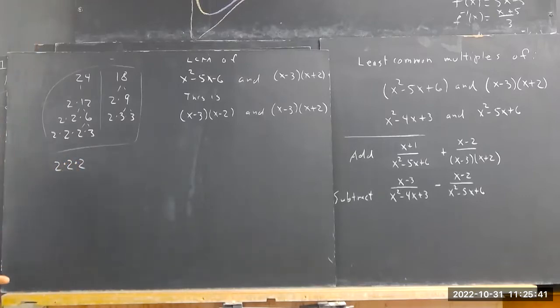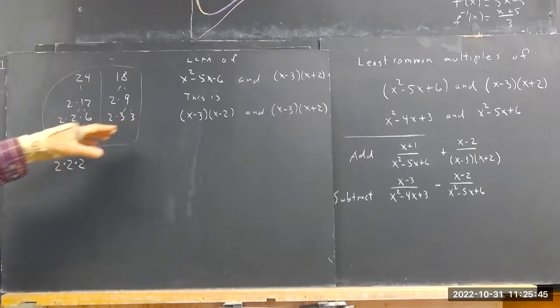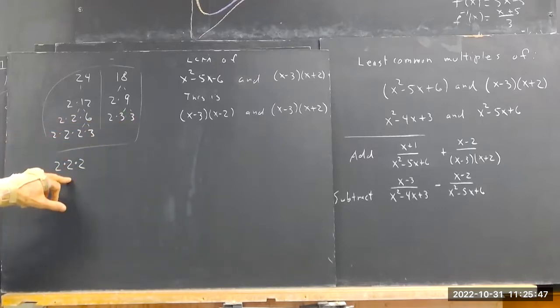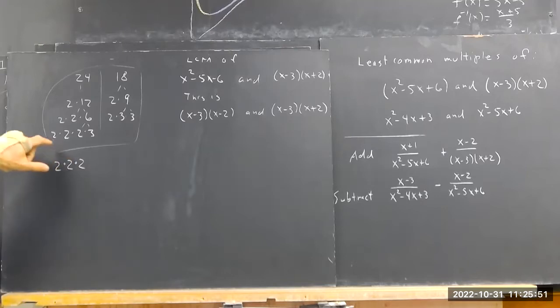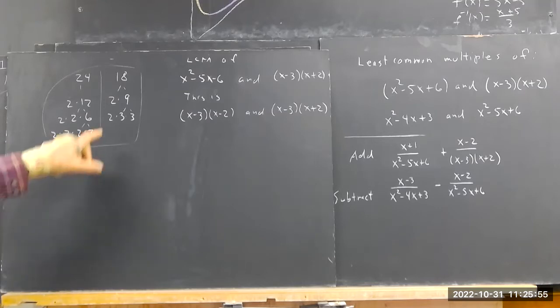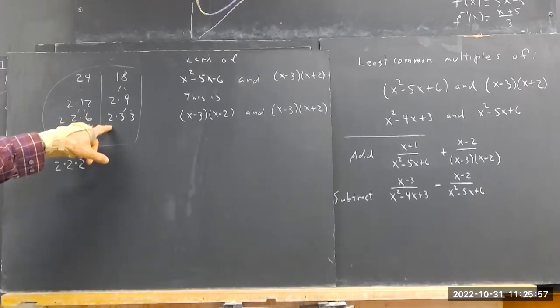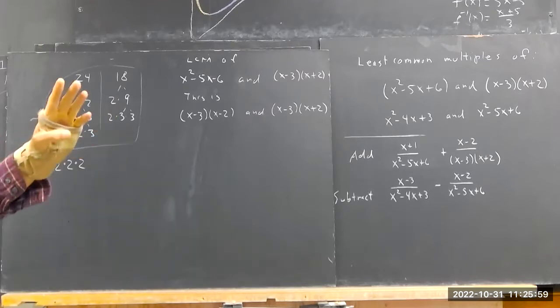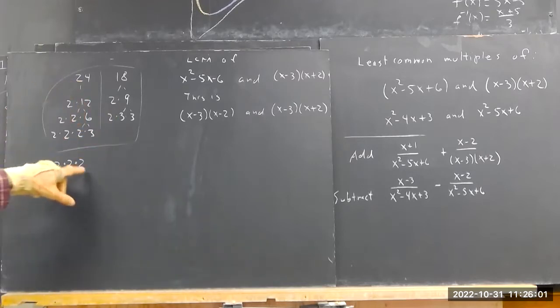What we need is whatever number has the greatest number of 2s, that's how many 2s we're going to have. So the greatest number of 2s is 3. If you've got three 2s, then we certainly have one, right? We don't need 4, just need 3.